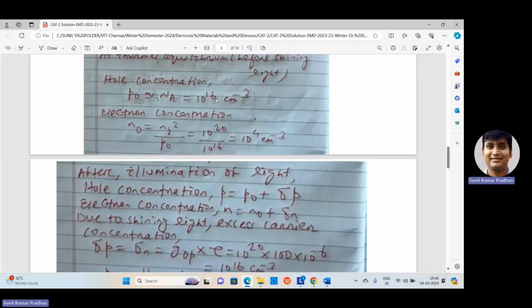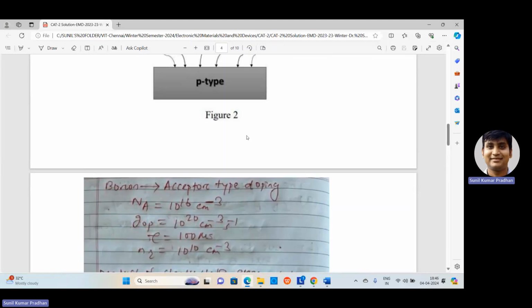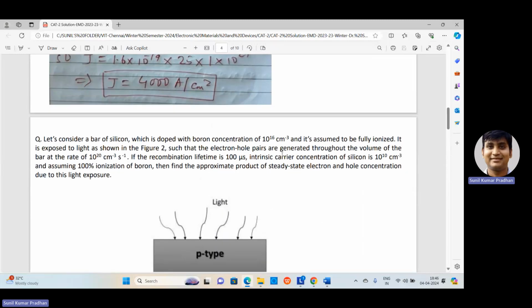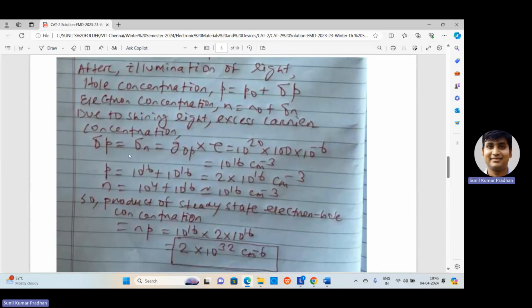Already calculated, that is nothing but 10 to the 16 per centimeter cube. So 10 to the 16 plus the excess hole concentration which is generated, that is 10 to the 16. So 2 into 10 to the power 16 per centimeter cube. This is my hole concentration after the light exposure.